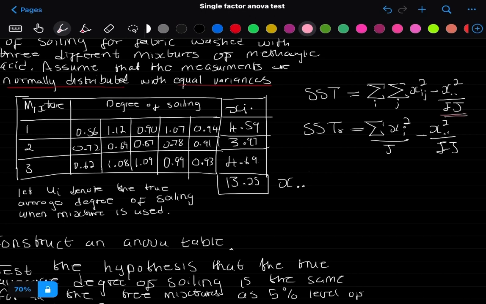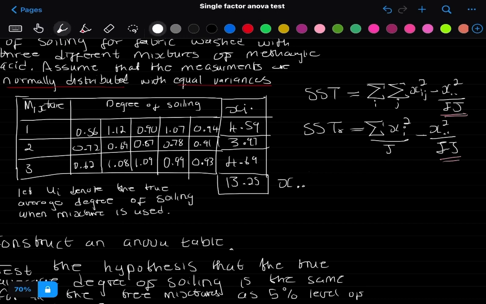Note that we call this the correction factor. These are the formulas that we are going to use to calculate the treatment sum of squares and the total sum of squares. And the other one is the ANOVA identity.